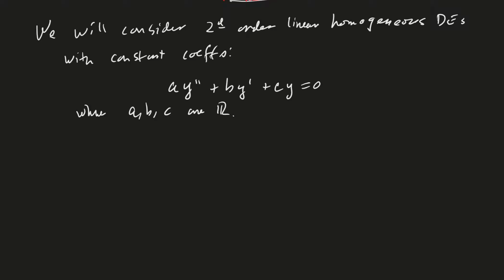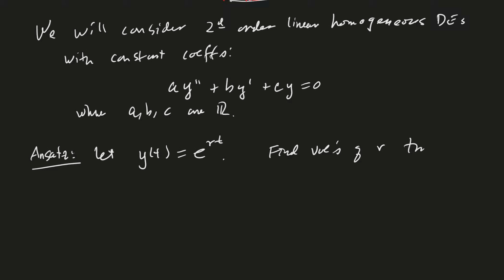So an ansatz is kind of a proposed solution. Our proposed solution is to let y of t be equal to e to the rt, and then we'll try to find values of r that satisfy our DE.